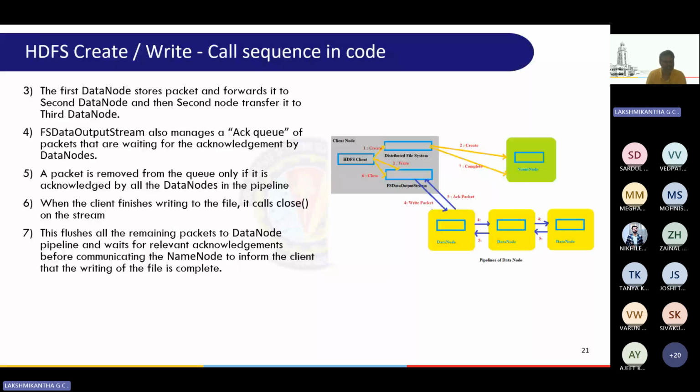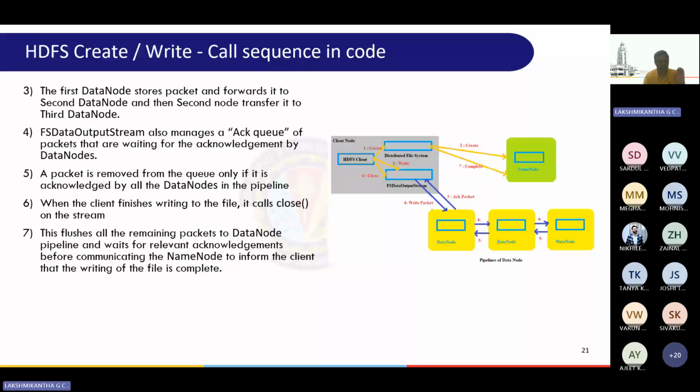The close method flushes all remaining packets in the queue to the data node pipeline, then waits for acknowledgement from all the data nodes to ensure that all the data has been written successfully. Once all acknowledgements are received, it communicates with the name node to inform it that the writing of the file is complete.